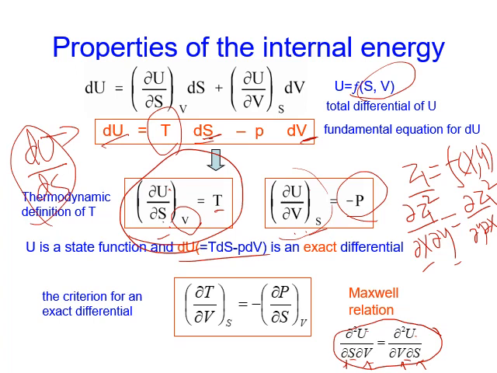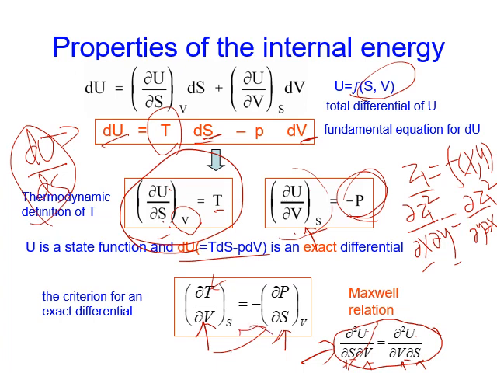So the left side is the derivative of temperature with respect to volume. The right side is the negative pressure, because negative pressure is already the first derivative of internal energy with respect to volume, and then we differentiate with respect to entropy. So you have this equation.